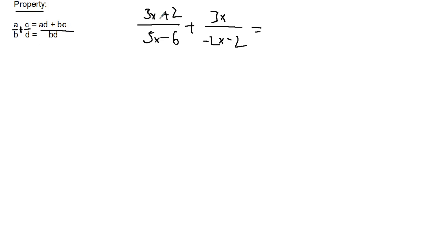So we have this multiplied by this, 3x plus 2 multiplied by negative 2x minus 2, right?